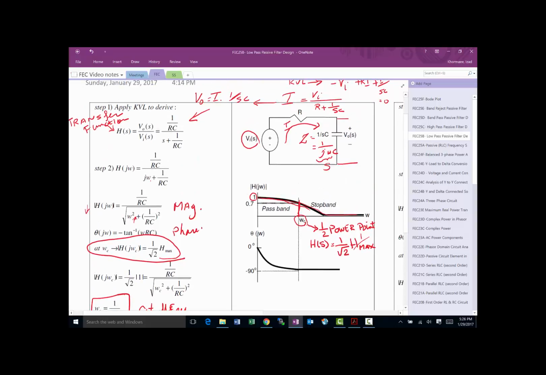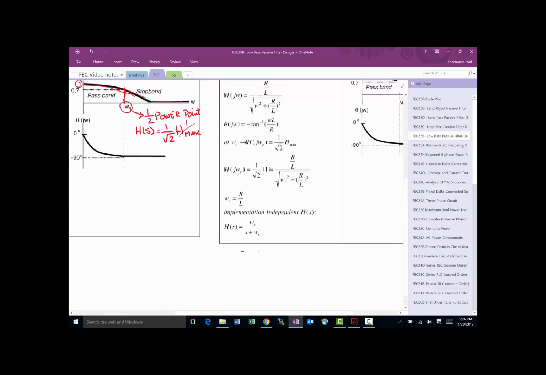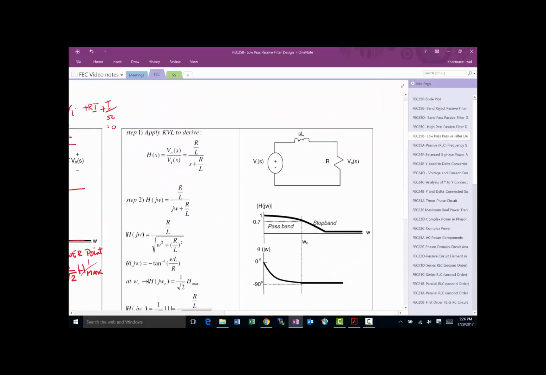This is one way of building a low-pass filter, putting a resistor and a capacitor here. As the frequency goes up, the capacitor's impedance drops, therefore the output voltage drops. Another option is to use resistors and inductors, with more or less the same process. If we use a resistor and an inductor, you notice that we take the Vout here.